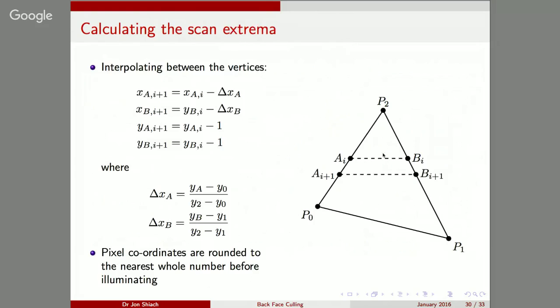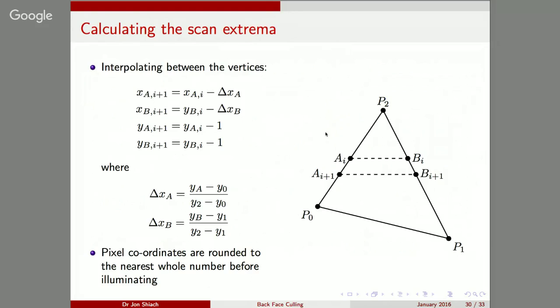Okay. How do we do this? Well, in order to save time, there's lots of things we can do. Your y coordinate is simply going to be one less than the one before. So let's say we know what A_i is and we know what B_i is. Your next y coordinate for A is just going to be the previous one minus 1, because you're going down a row of pixels, and the same for y_B.